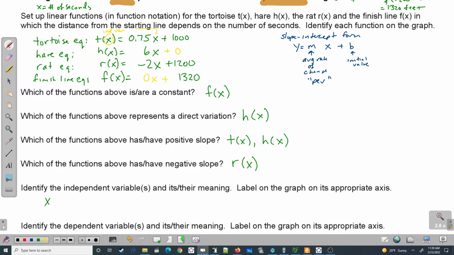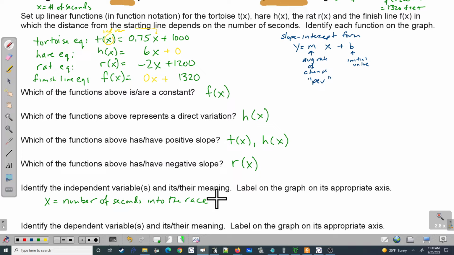And the whole idea about this particular situation is that x represents the number of seconds into the race. I don't know if that's the best way of saying it, but that's what I've used in the past. Now it's saying, please label on the graph on its appropriate axis.